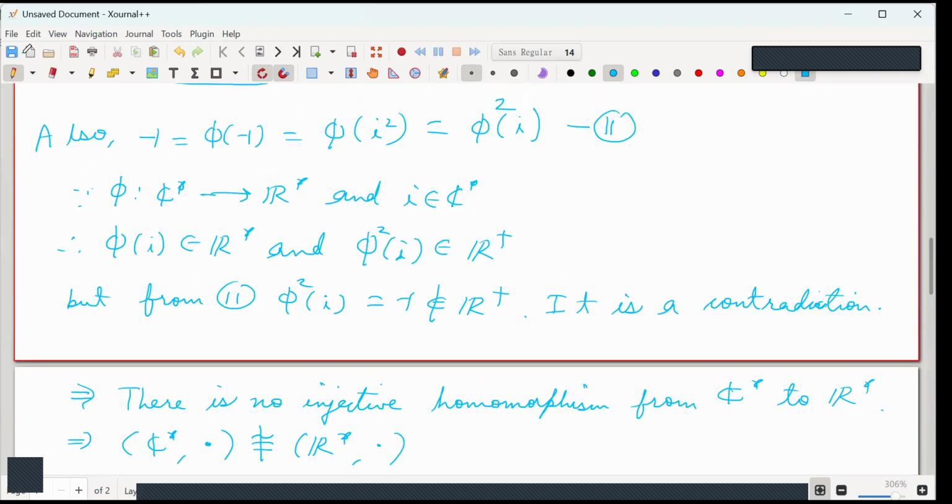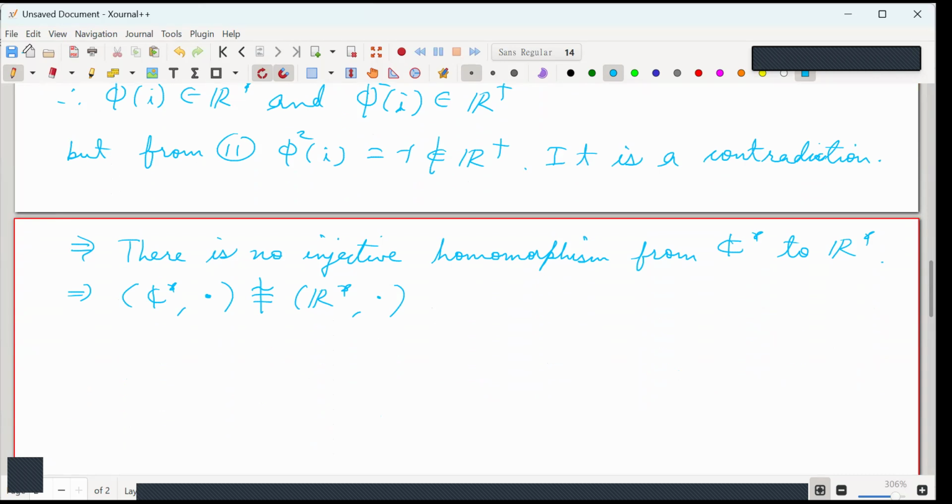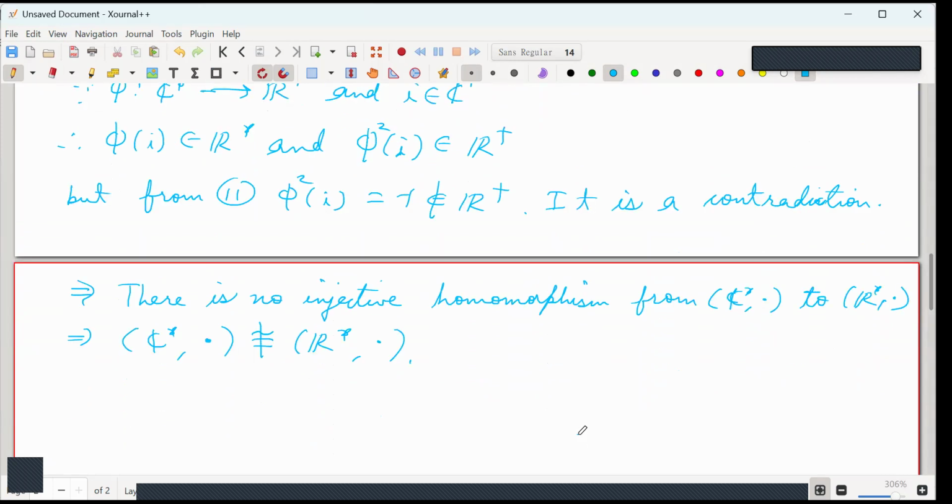Okay. Here also I should not write just C star and R star. They are supposed to be groups. So is it clear? Yes, sir. So just try to use the basic things because that's all we are given here, just the properties of homomorphism.